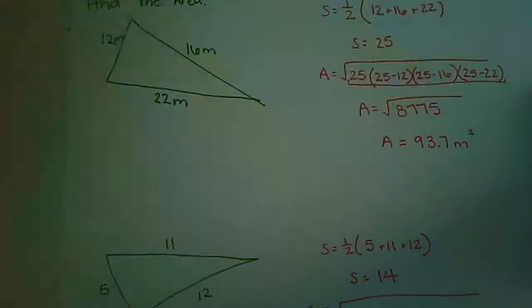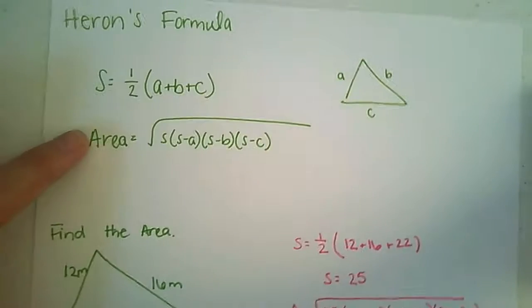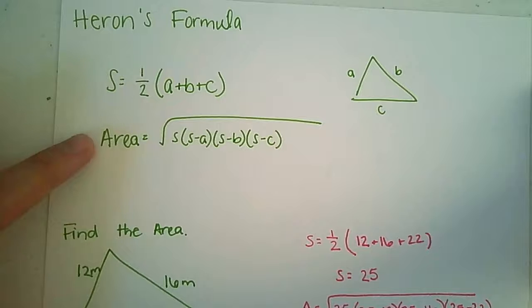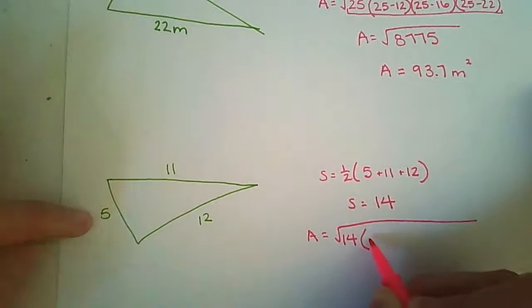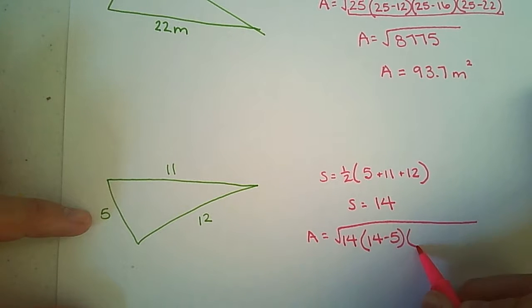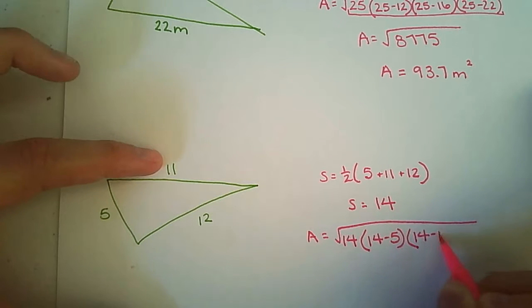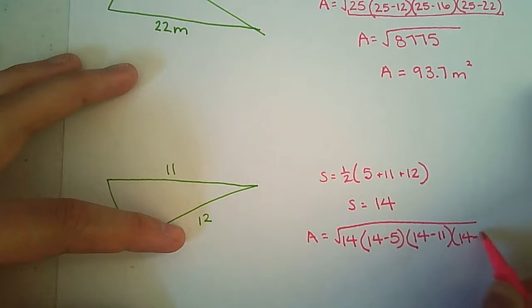All right. And now that we have our S value, we can use the other formula for our area. So we have the square root of S, and then S minus one of the sides, times S minus another side, times S minus the last side.